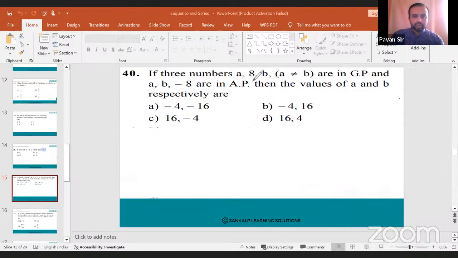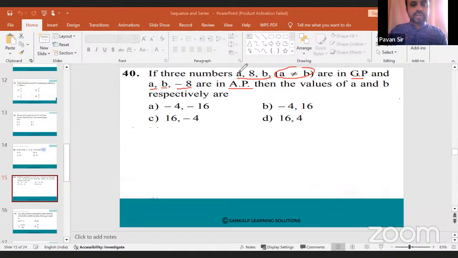Here two series are given. First one is A, 8, B are in GP, and A, B, minus 8 are in AP, and A is not equal to B. What are the values of A and B? Try to solve now.